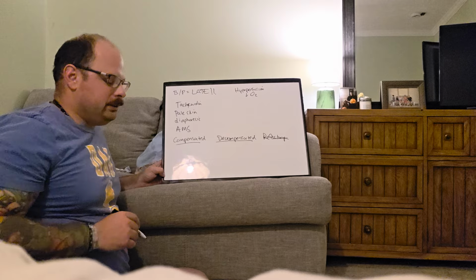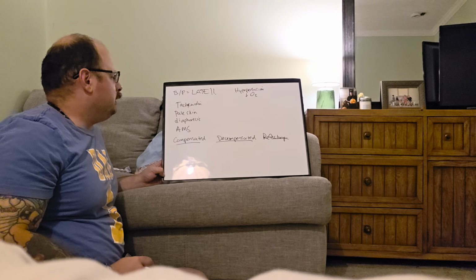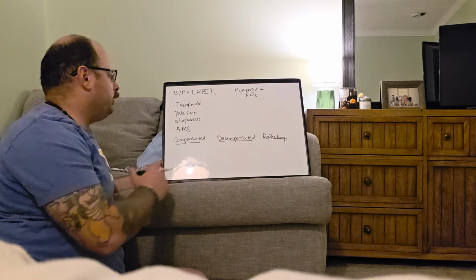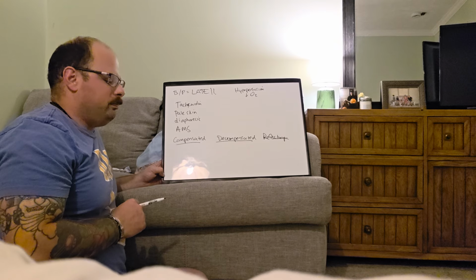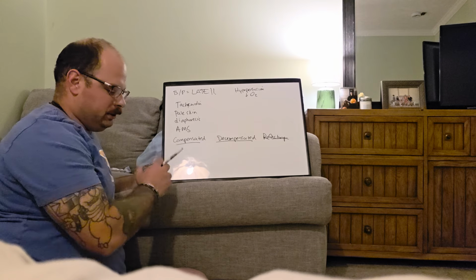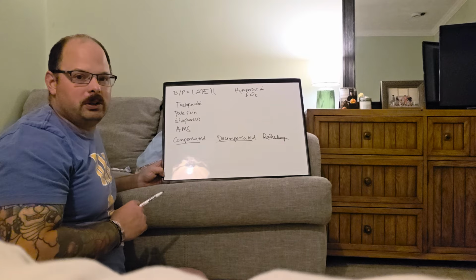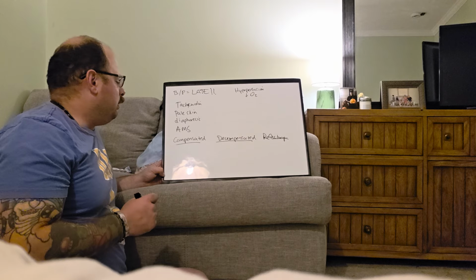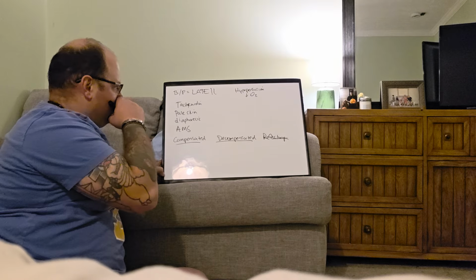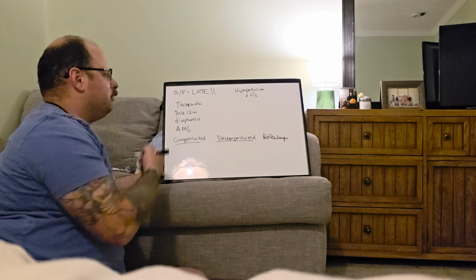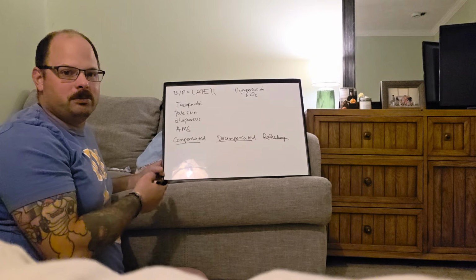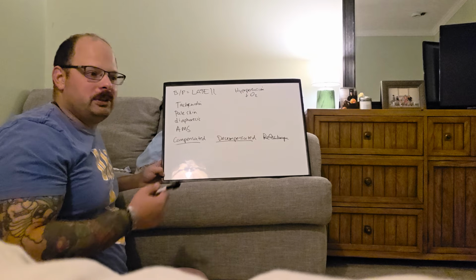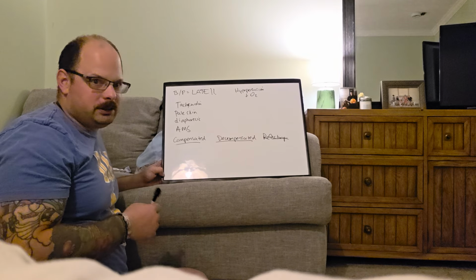So our compensated stage, the body is still in some way able to keep up with whatever the issue is that is going on. So if there is blood loss, for example, it's still able to compensate for that lack of volume by doing things like speeding up the heart rate, attempting to get oxygen to those cells.